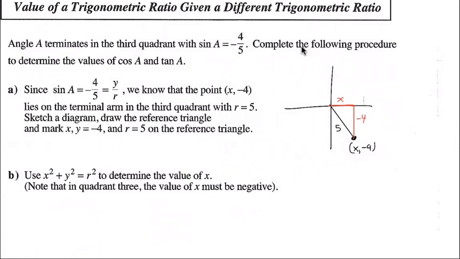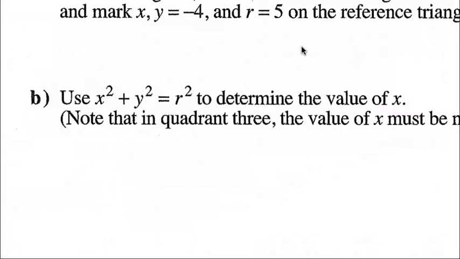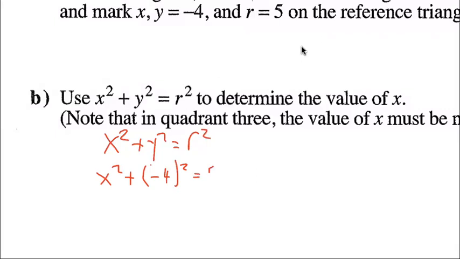Use Pythagorean theorem, x squared plus y squared is equal to r squared, to determine what that x value is. So we're doing reverse Pythagoras now. X squared plus y squared is equal to r squared. X squared plus -4 squared is equal to 5 squared.